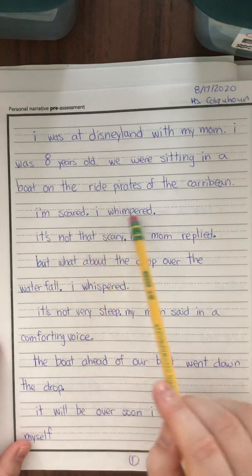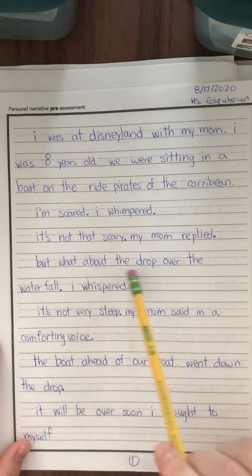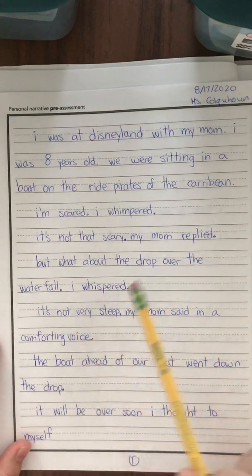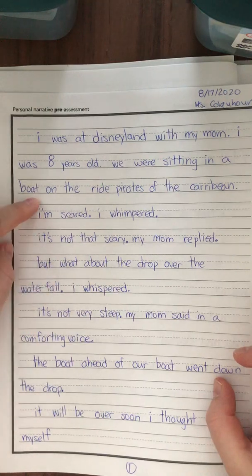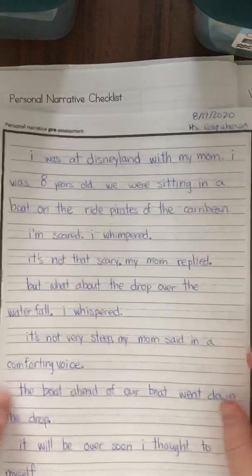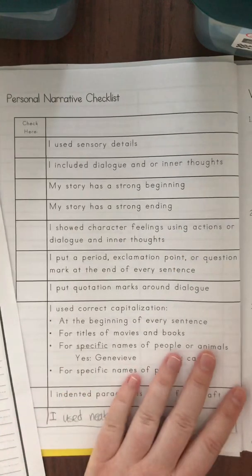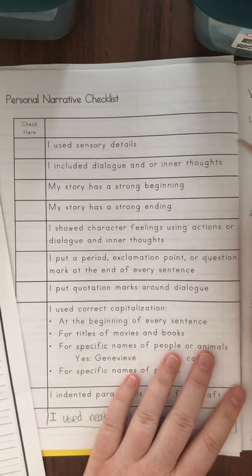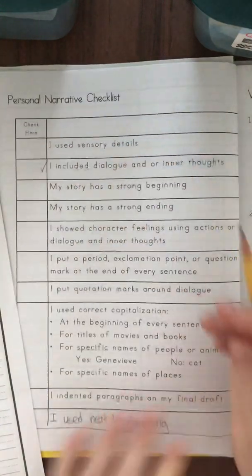I'm scared, I whimpered. It's not that scary, my mom replied. But what about the drop over the waterfall, I whispered. Oh, so I'm already noticing that I definitely use dialogue here, because dialogue is when people are talking. So I'm going to use a pencil so that I could erase this later if I need to. And I'm going to put a check mark next to I included dialogue and or inner thoughts.